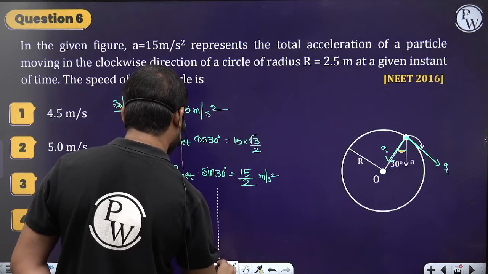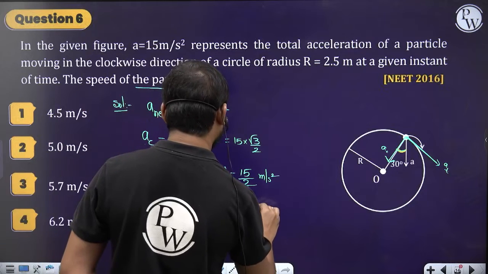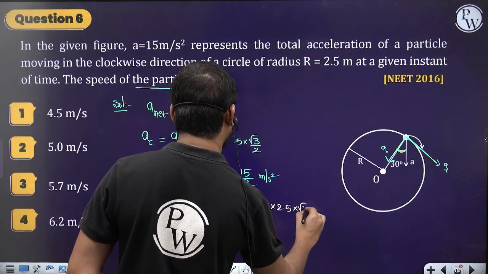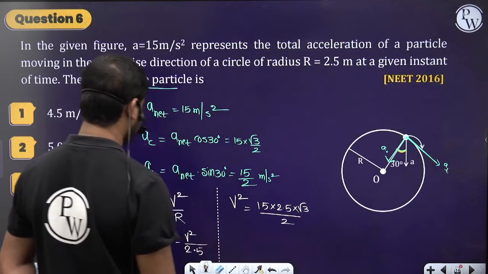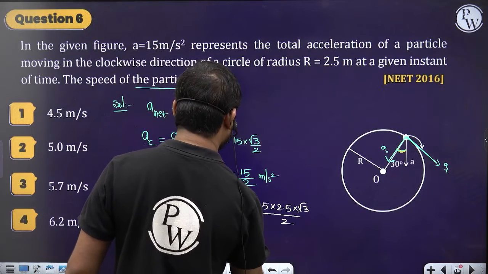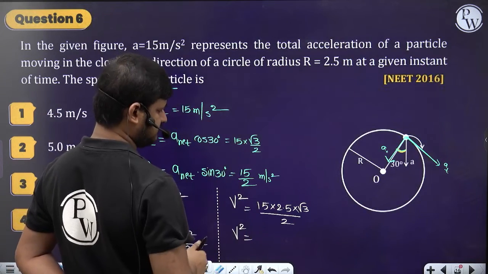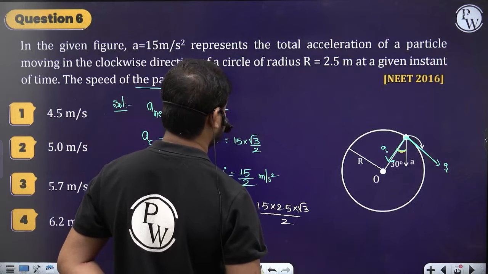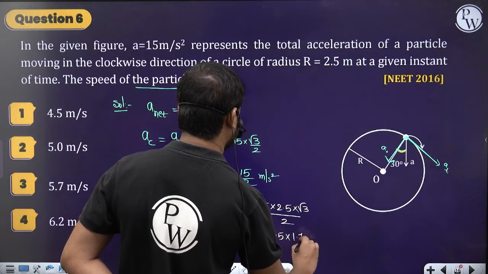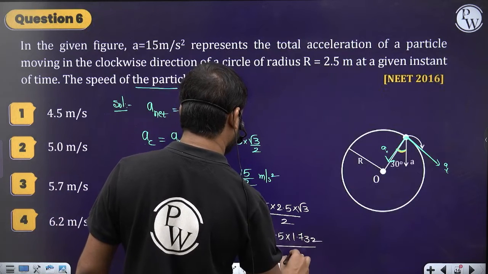So here, just do the calculations. V square is equal to 15 into 2.5 into root 3 by 2. So calculate this value, approximately how much you are getting. This is going to be 37.5 into 1.732, by 2.